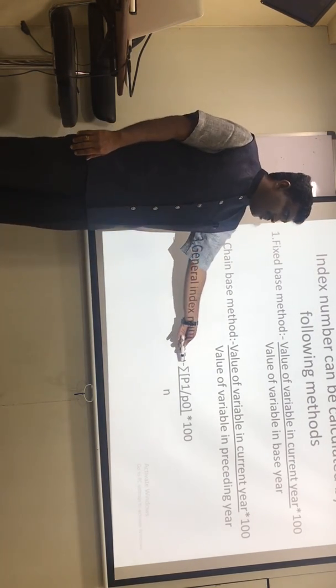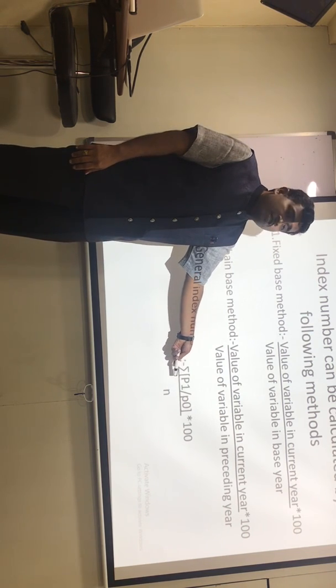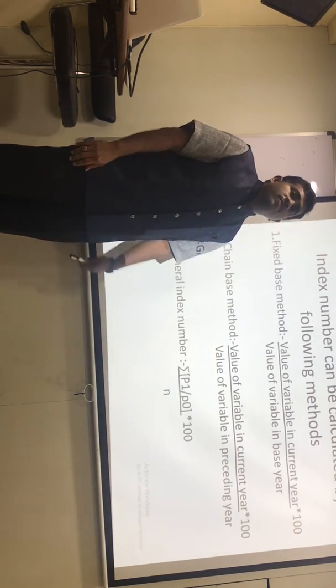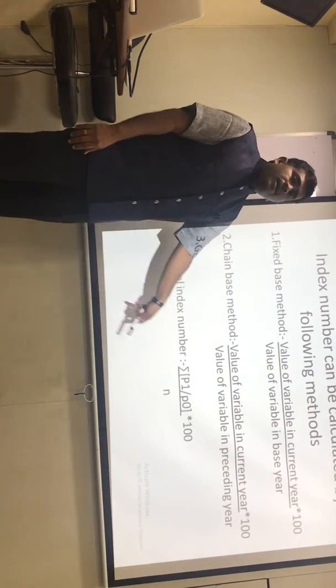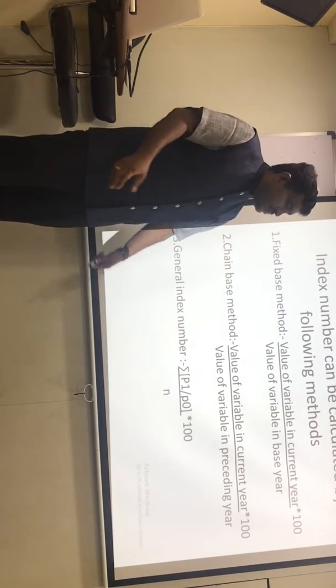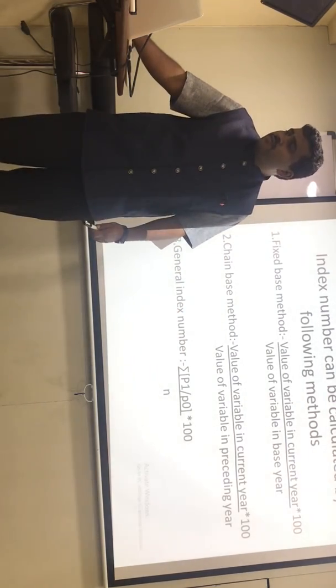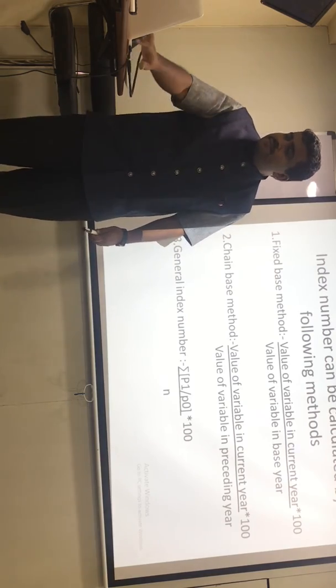So again, sigma means total, P stands for price, 1 stands for current year, while 0 stands for base year, divided by n. N means number of items or commodities, into 100. I am taking the first sum for you, right?